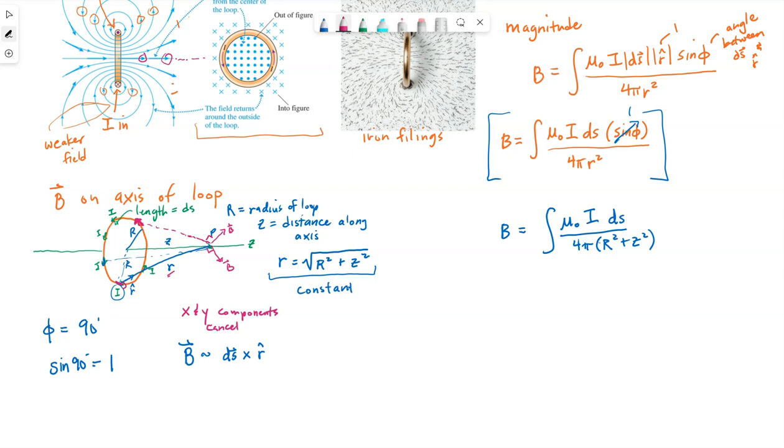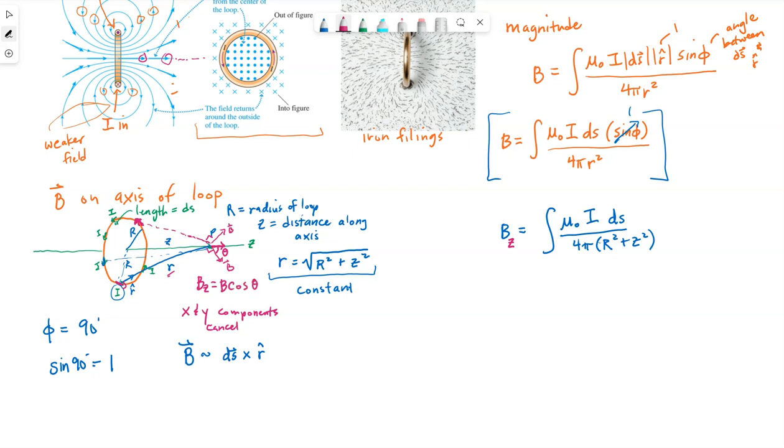So on my equation over here on the right, I'm going to put a Z, and then we need to figure out what the Z component is. I'm going to call this angle up here theta. The Z component would be the magnitude of the magnetic field times the cosine of this theta that I've drawn.